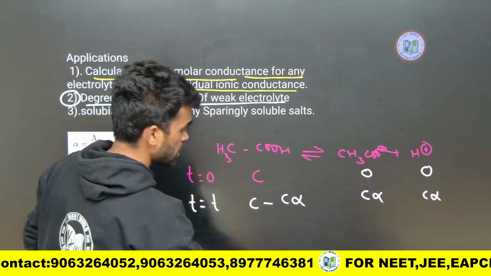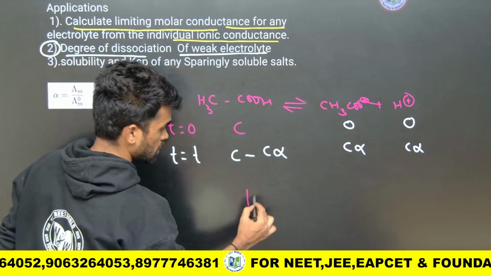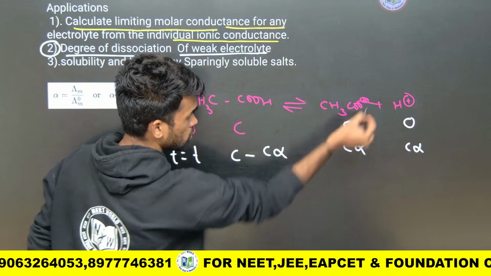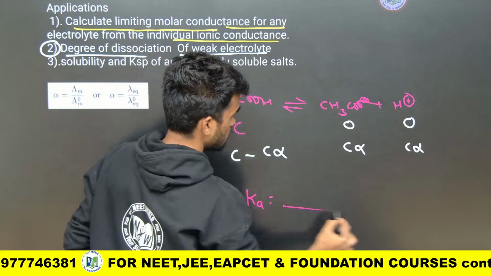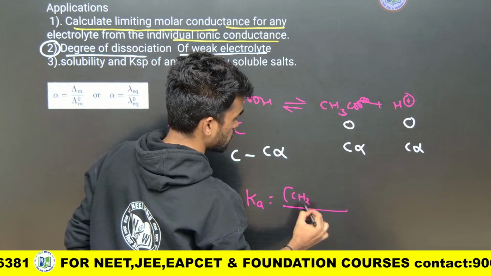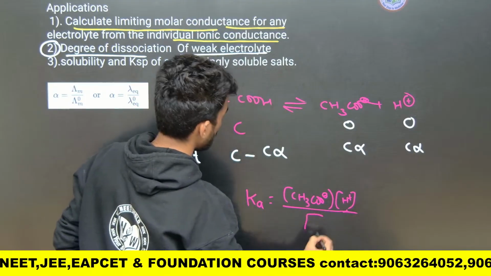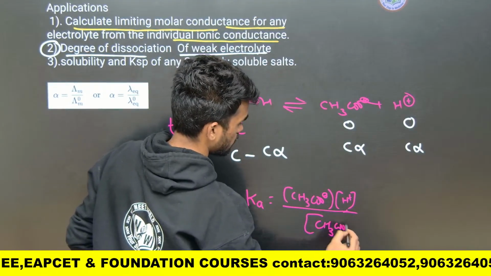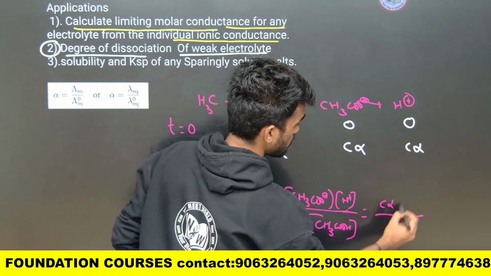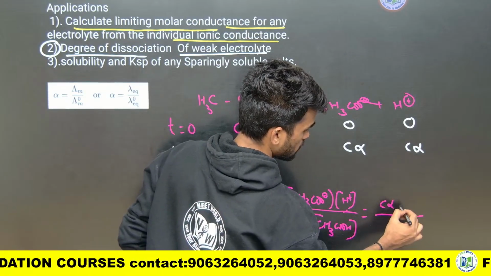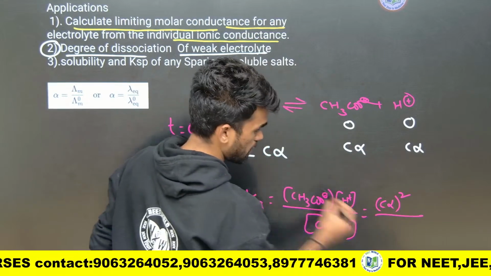Okay, so from this, what is the equilibrium constant we can get? Ka equals the concentration of products by reactants. So acetate ion concentration times H plus ion concentration, by the acid. What is the concentration of each ion? C alpha, that is also C alpha. So can I write C alpha whole square by C minus C alpha?